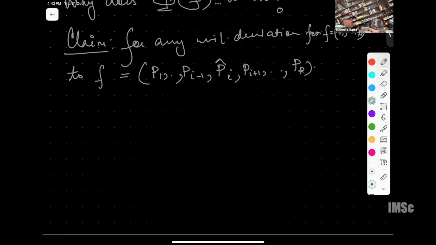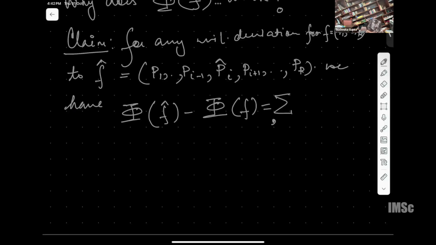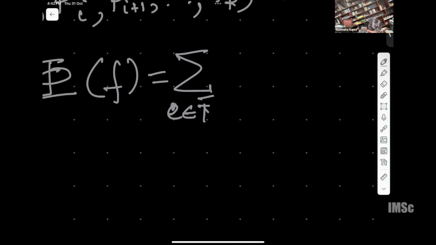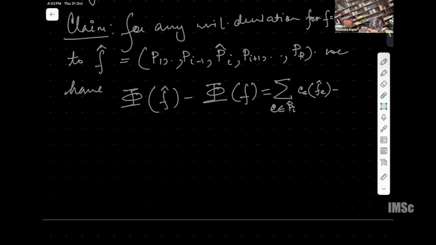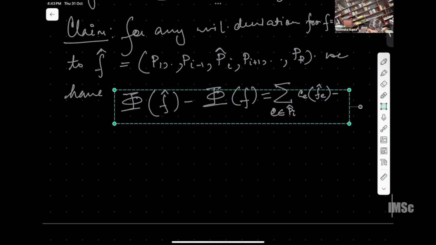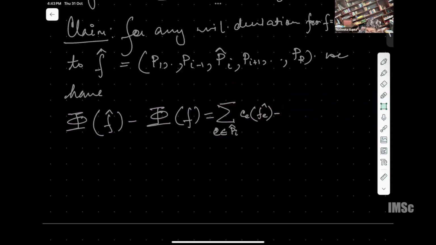We have phi of f hat minus phi of f is equal to the change in cost of player i.